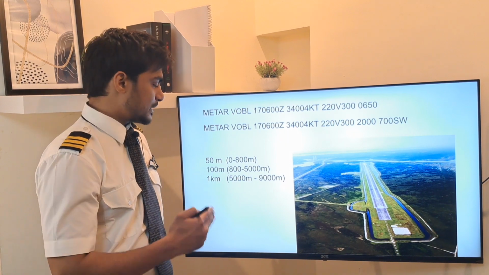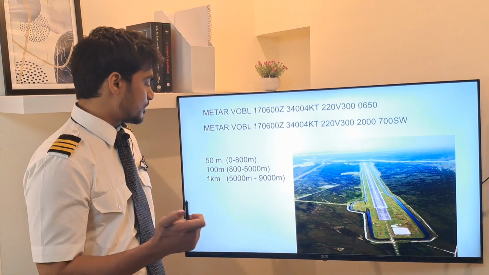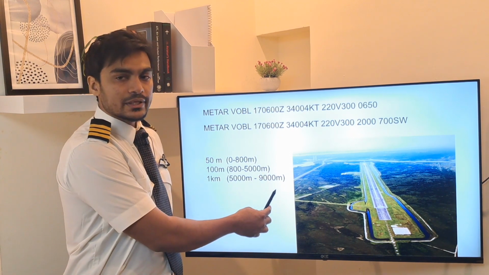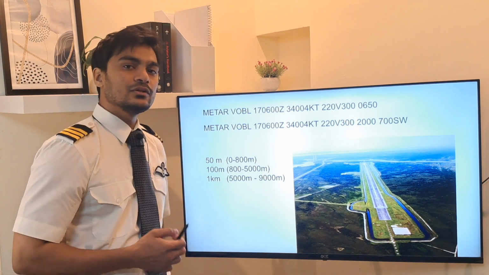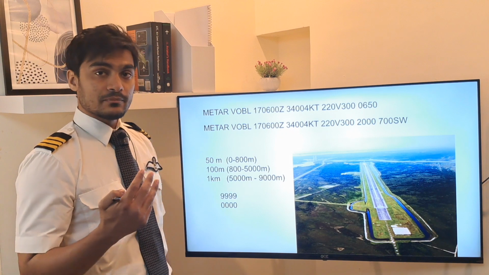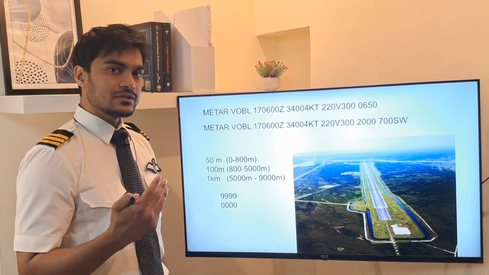That would be like 800 meters, 900 meters, 1000, 1100 and so on. If visibility is beyond 5000 meters up to 9000 meters, it is given at an interval of 1 kilometer, that is 1000 meters. So it would be like 5000 meters, 6000, 7000, 8000.